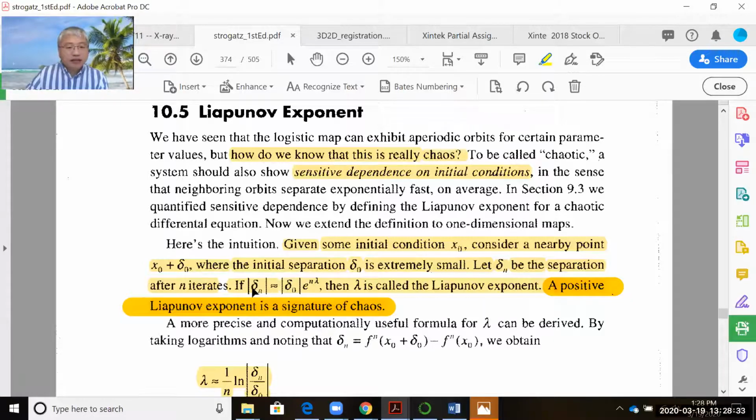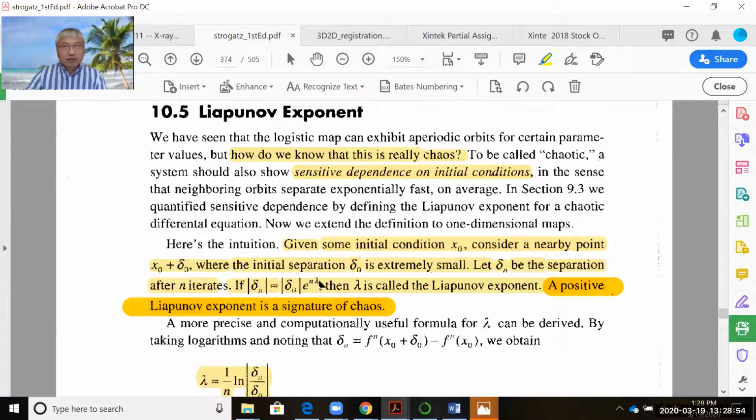So delta n, in general, if it's sensitive to initial condition, will be proportional to the initial separation, and it will grow exponentially, as e to the n lambda power. Now it only grows exponentially, of course, if this lambda is positive.